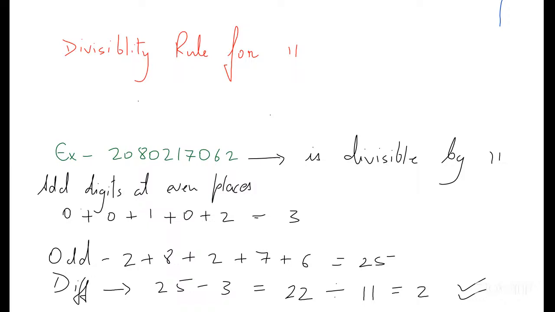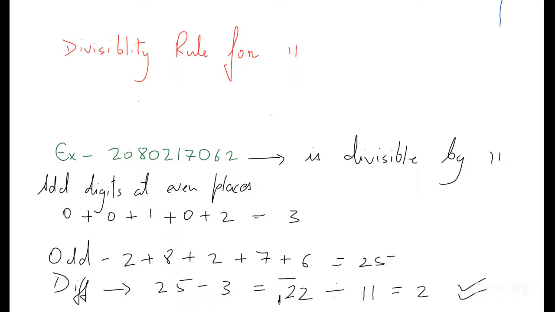Ma'am, it has to be ending with 11. It needs to be a multiple of 11 or it needs to be 0. This number, Abraham, this number, $22 you're talking about? No, ma'am.